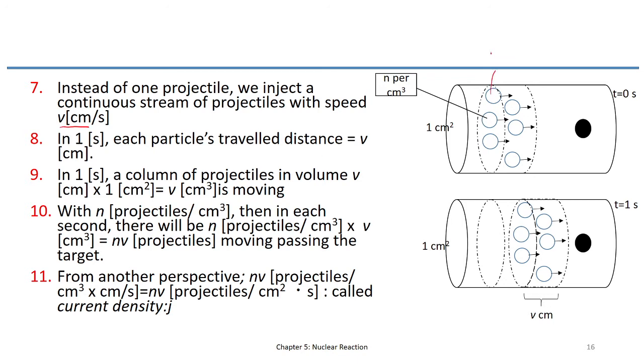This projectile is moving with v cm per second. This one also v. So they all have the same moving speed towards the target nucleus.